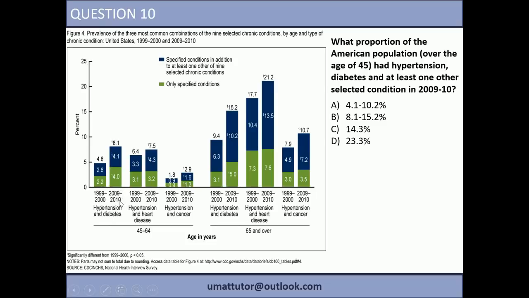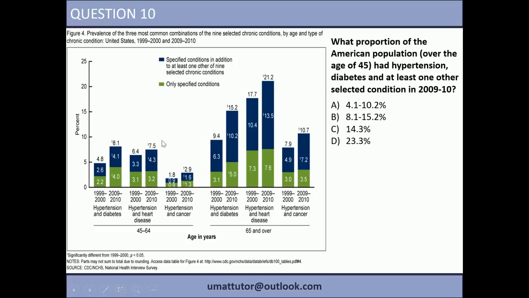So that helps you track the progress of those conditions over that 10-year period for the same group of people. And just finally, the graphs themselves, you can see that they're broken into a green and a blue component. So looking at the key, the green component is only specified conditions. So that means it's the percent prevalence out of that whole age group population who have just the specified conditions.